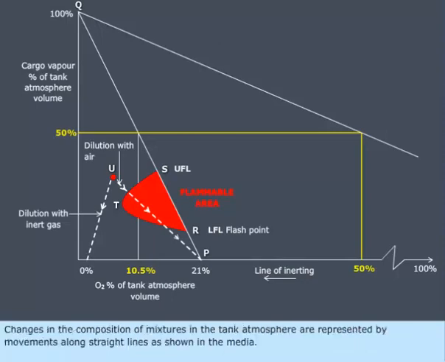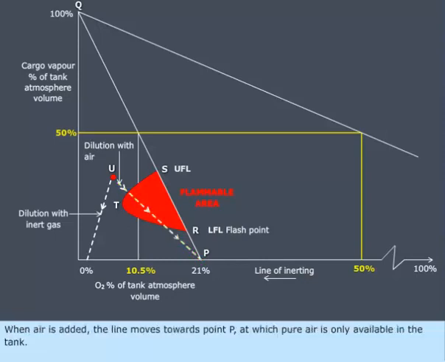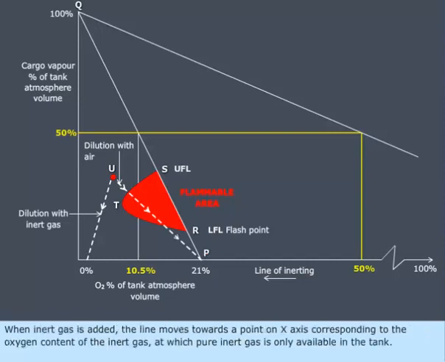Changes in the composition of mixtures in the tank atmosphere are represented by movements along straight lines as shown in the media. When air is added, the line moves towards point P, at which pure air is only available in the tank. When inert gas is added, the line moves towards a point on the x-axis corresponding to the oxygen content of the inert gas, at which pure inert gas is only available in the tank.